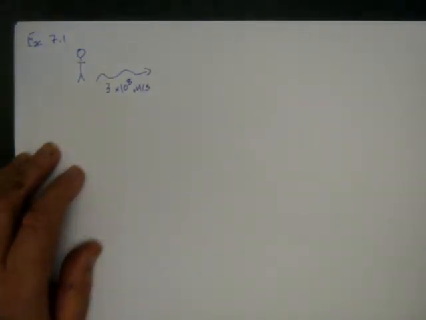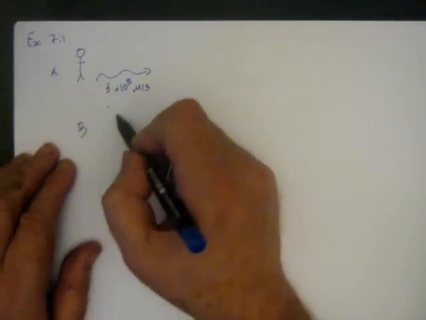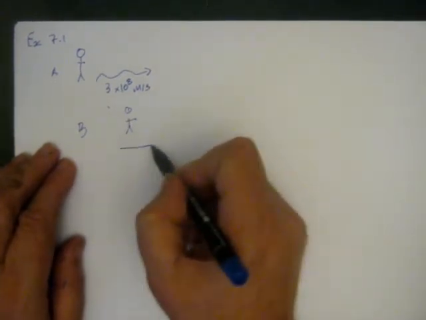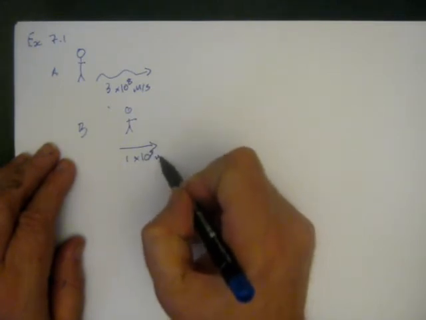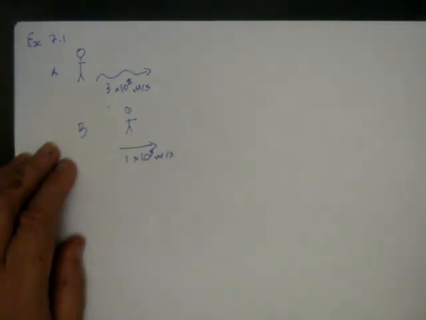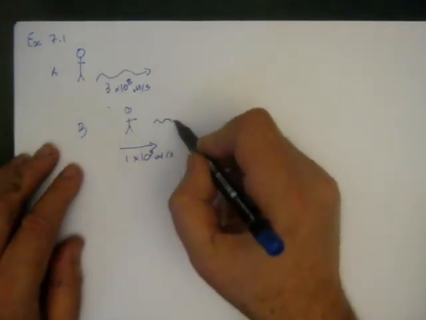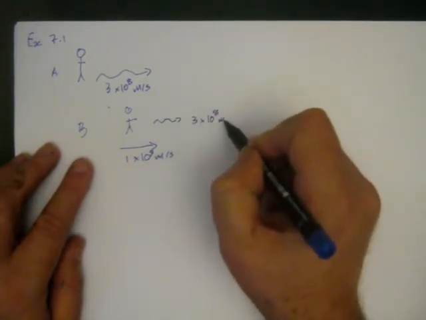But now we stick in observer B. Observer B is in a rocket ship, travelling at 1 times 10 to the 8 meters per second. And the light is travelling at 3 times 10 to the 8 meters per second.